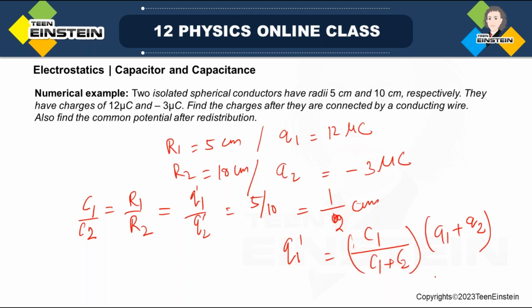C1 we know, we can find it from here. So Q1 prime is found to be 3 microcoulomb.